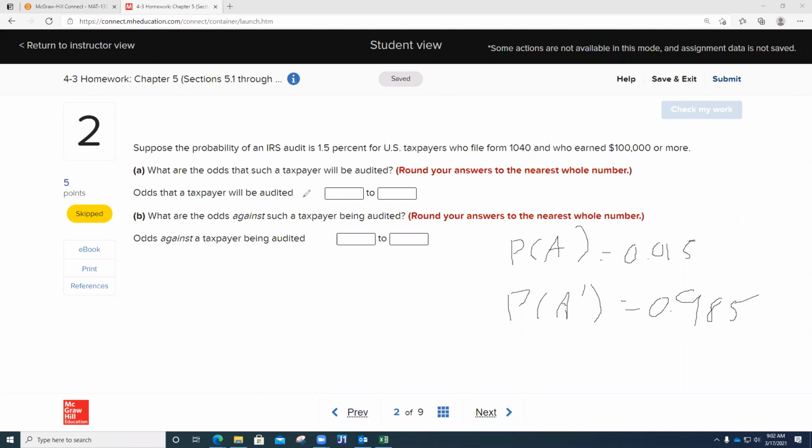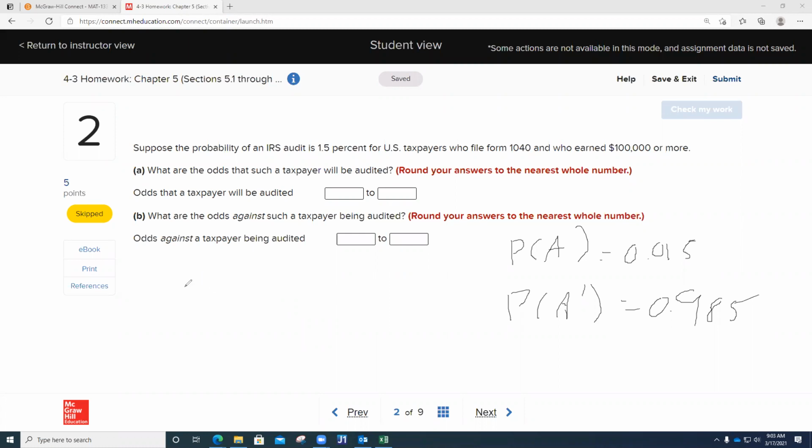Again, they want the odds here of being audited. A over A is just equal to 1, so both of these are going to end up being over 1. So what we can do is find the odds that you are audited.